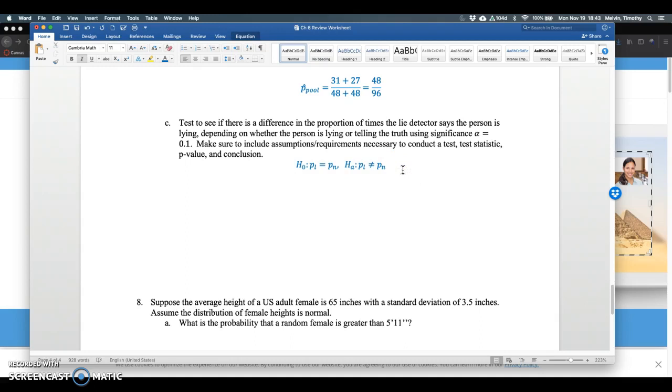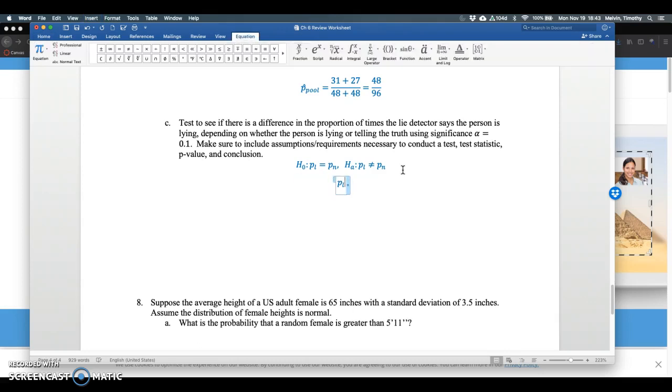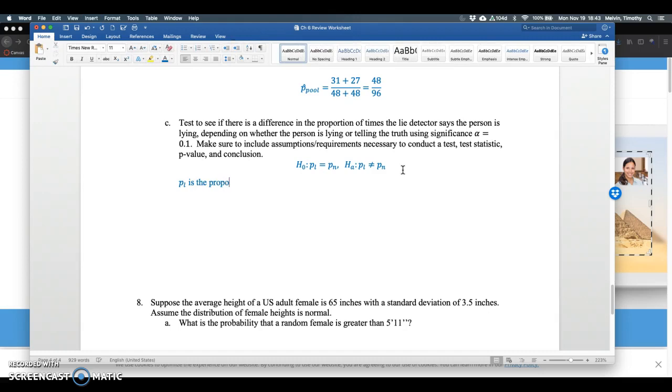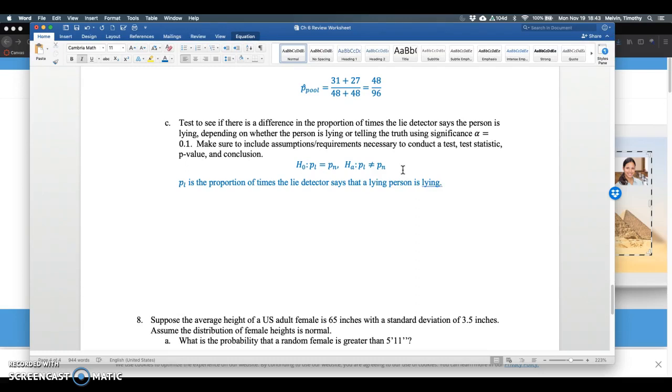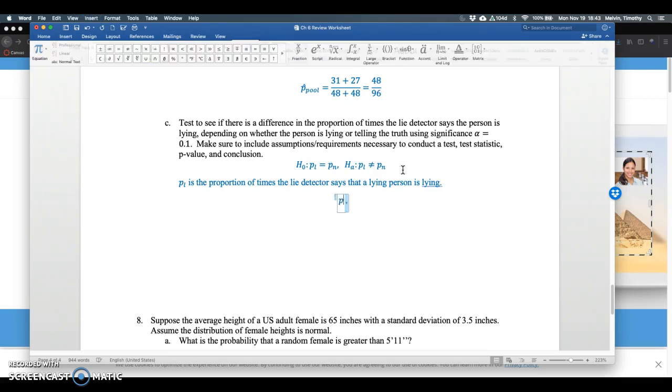I want to note right here what these variables represent. P sub L is the proportion of times the lie detector says that a lying person is lying. Kind of a strange statement.